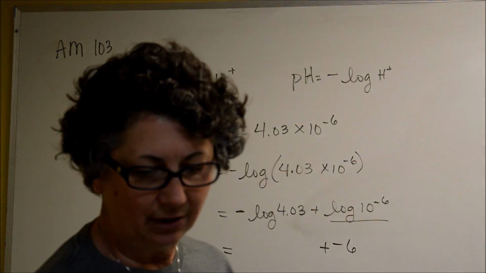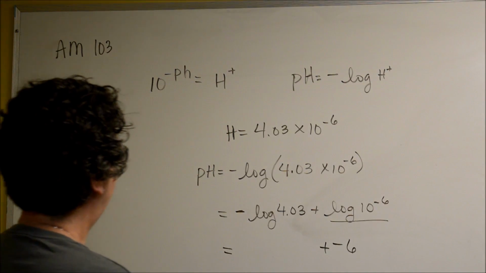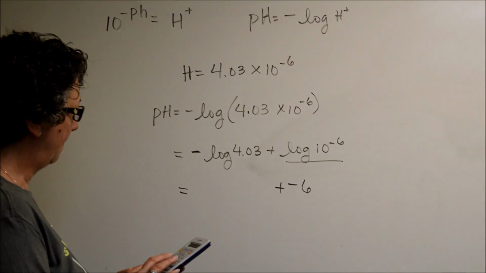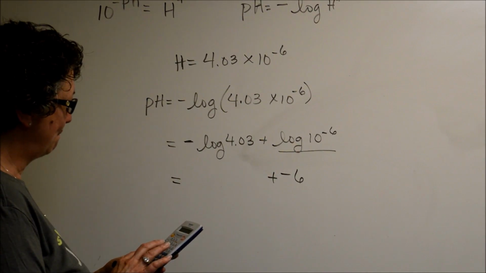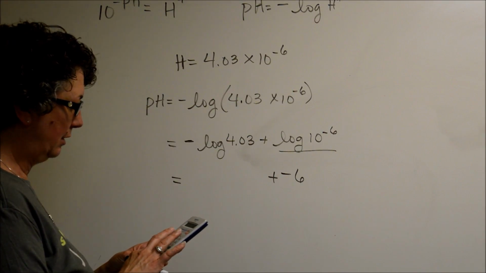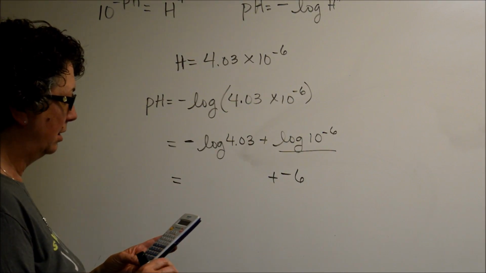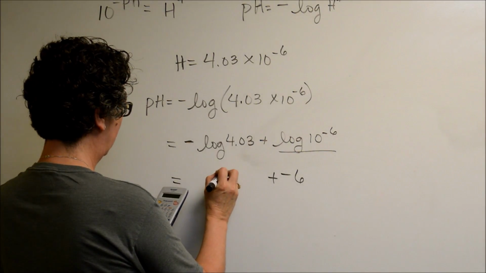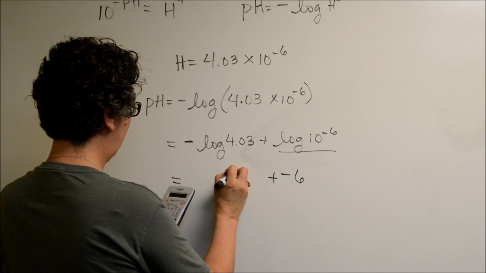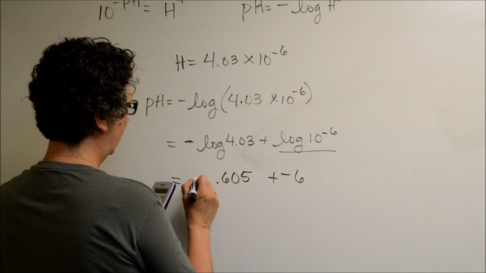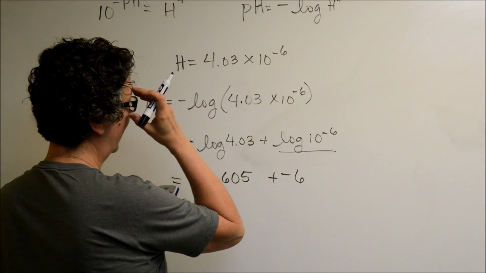So I'm going to add it to, I got to do my calculator to get 4.03 log. Yep. I get 0.605, we'll say. And we're going to take the opposite of that.